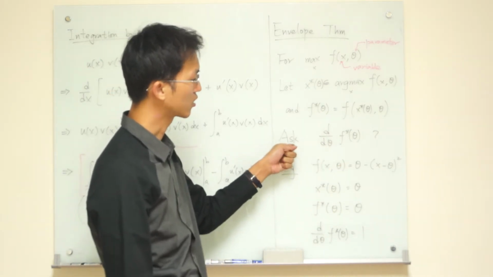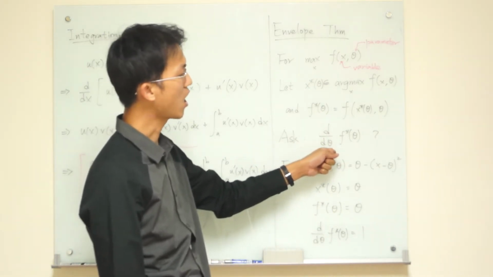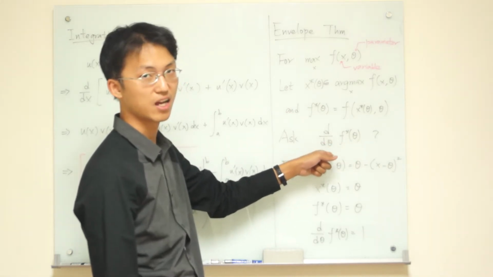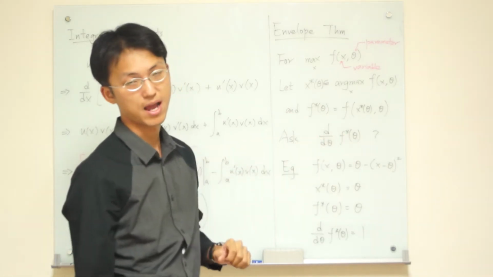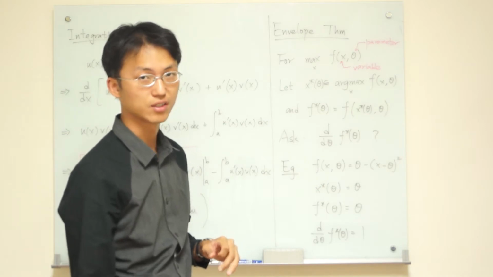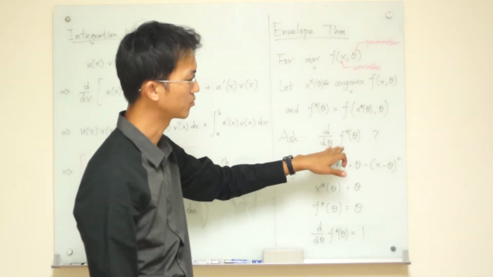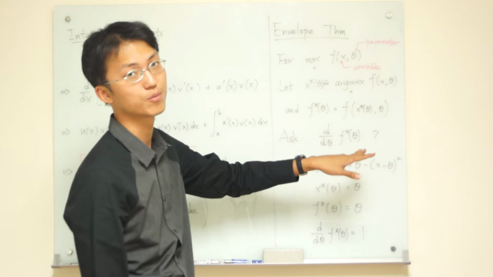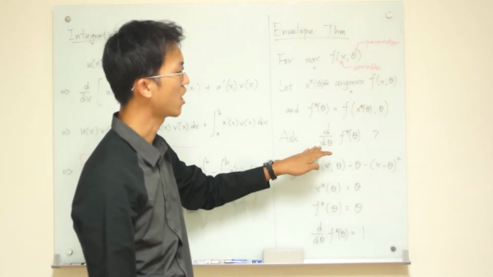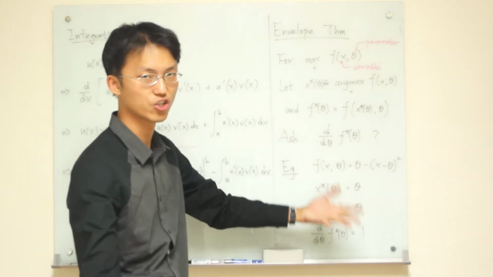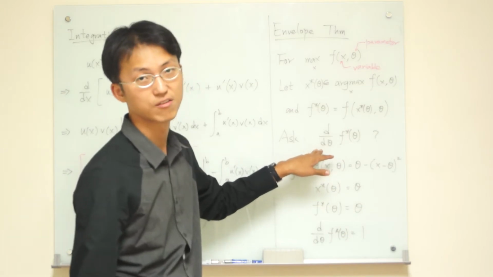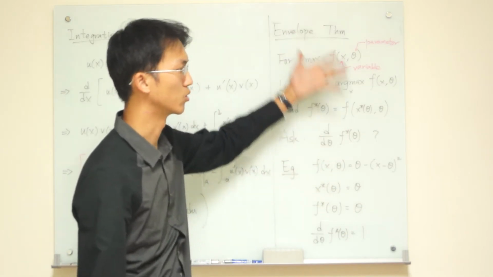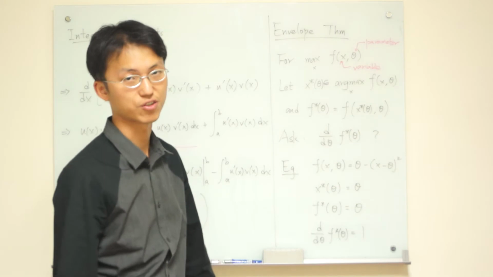And the thing we want to ask is, how does theta change our optimized objective value? Because when theta becomes different, f star of theta will also become different. Our question is, how is this change measured by the first order derivative? Certainly we assume all those things are differentiable.